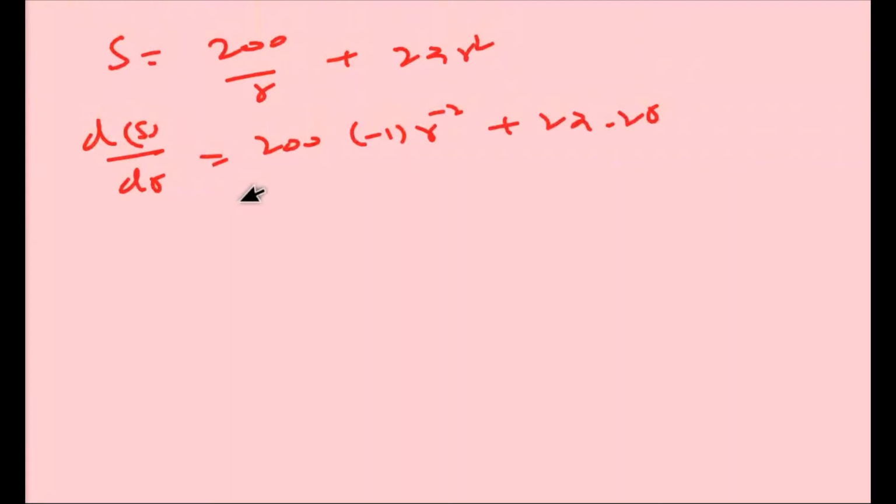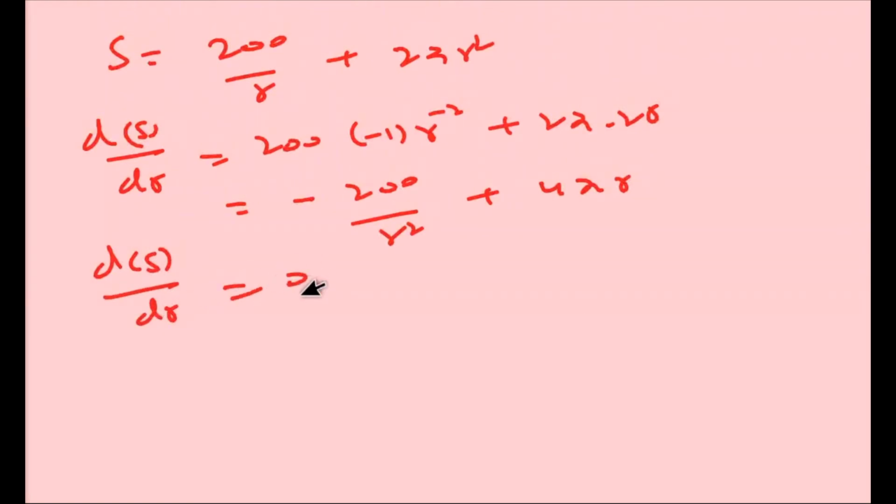So we can write minus 200 upon r square plus 4 pi r. Now according to formula we have to keep it 0, so we can take minus 200 upon r square plus 4 pi r equal to 0. So from this we have to find the value of r.